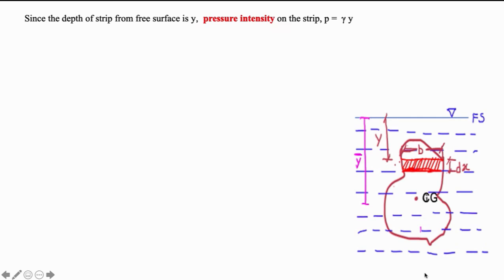In simple terms, the integral of y into b dx is equal to A into y bar. As seen from the figure, the strip under consideration is at a depth y from the free surface. Therefore, the pressure intensity on this strip is p is equal to gamma y. Therefore, the hydrostatic force on this strip is the intensity of pressure times the concerned area, p into dA, which comes to gamma y into b dx.